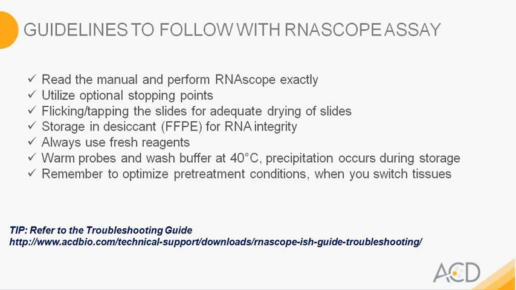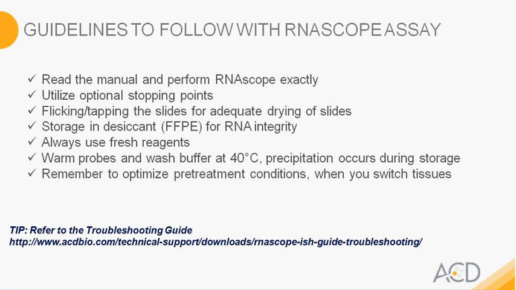Storage of samples is important to retain RNA integrity. As an example, FFPE samples are required to be stored with a desiccant. You should always use fresh reagents. In a multi-user laboratory, you will find that reagents could be contaminated, affecting RNAscope results. You should segregate yourself when working with RNAscope and use fresh reagents for successful results.